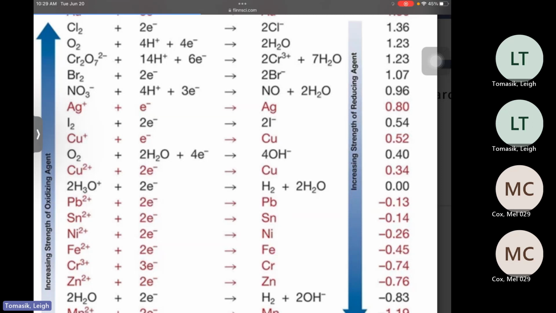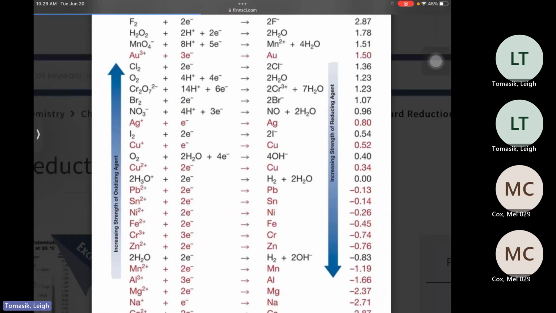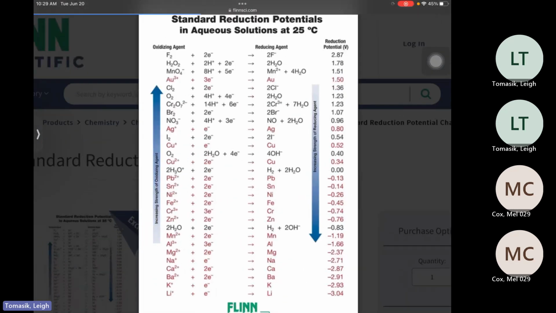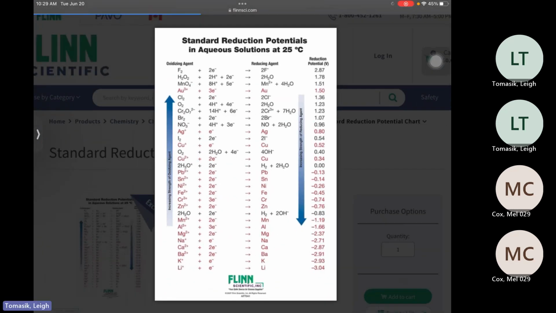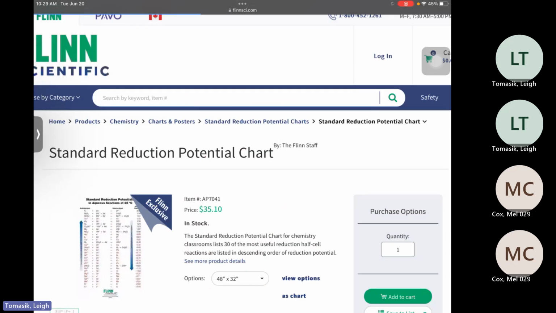It's a stronger reducing agent, so tin as a metal is going to be oxidized. So tin is going to be our anode. The lower one is going to be our anode. The higher one is going to be our cathode. This is the one I want to use. Remind me, I have to keep this, and I will upload it for you.